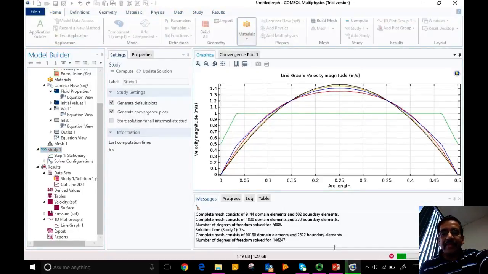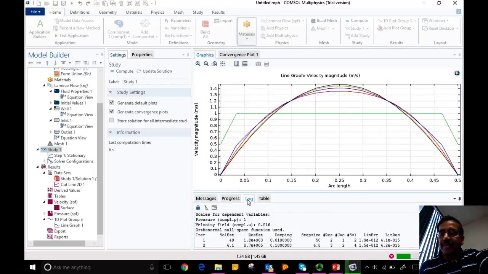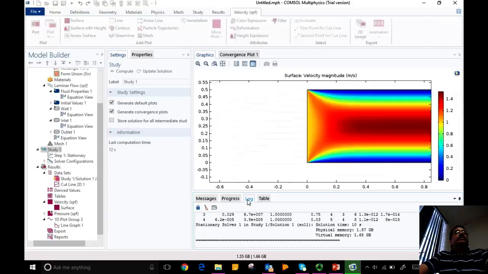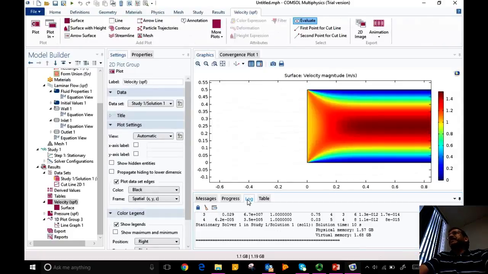So can't we just make it finer on the edge? Yes, you can. There is another feature called adaptive meshing. So if you enable the adaptive meshing, it actually gets even more sophisticated, and there is a theory to back that. Essentially what adaptive meshing does is, once you get a solution, at least a tentative solution on the initial grid that you give, it calculates the gradient in the domain.